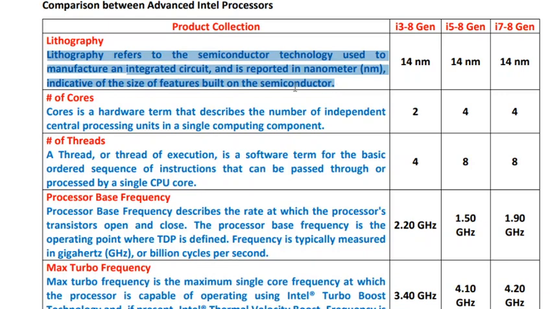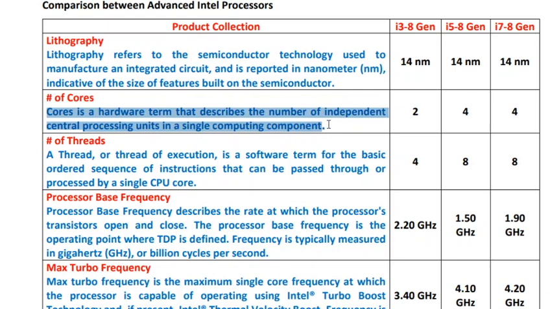Now, the next aspect of interest is number of cores. Core, as we all know, is a hardware term that describes the number of independent central processing units present in a single computing component. So the number of central processing units present in a single computing component refers to the number of cores.